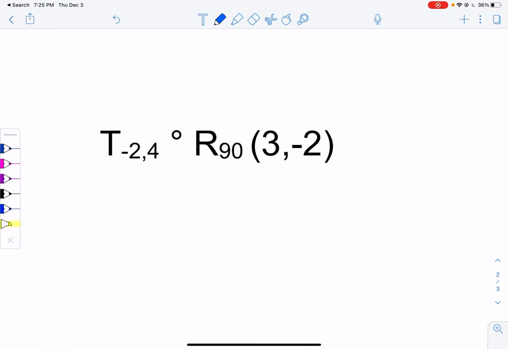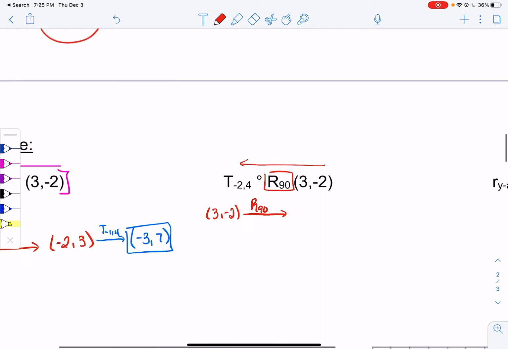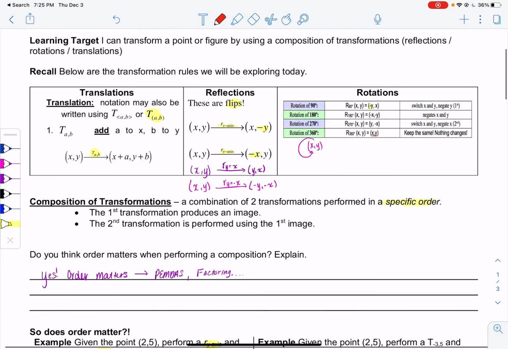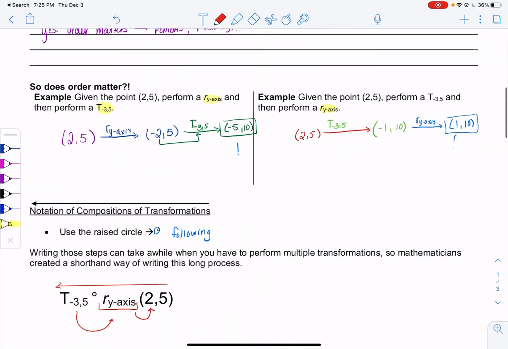Now, we're going to work backwards again. So I start with the point (3, -2). And the first thing I want to do is my rotation of 90. I'm giving you the heads up. I honestly always forget my rotation rules. So I'm going to go back up here. My rotation of 90: I flip my values, so it becomes (-y, x).